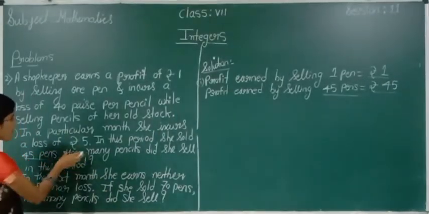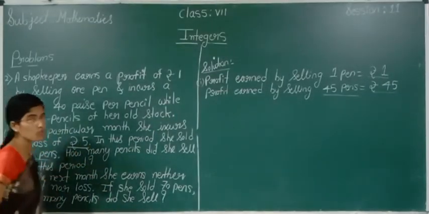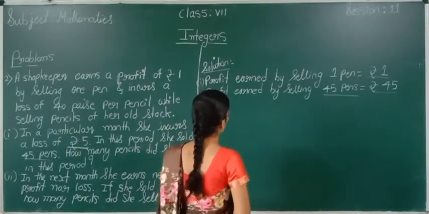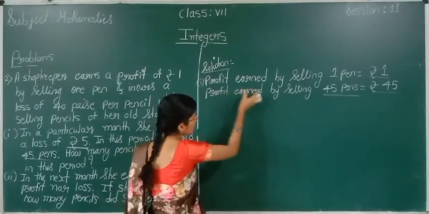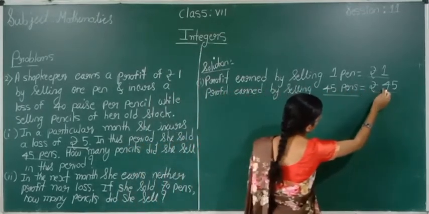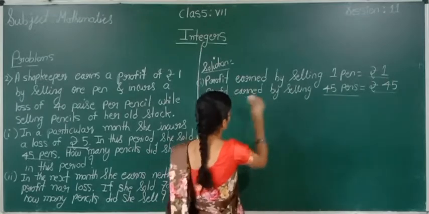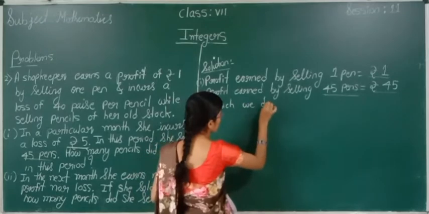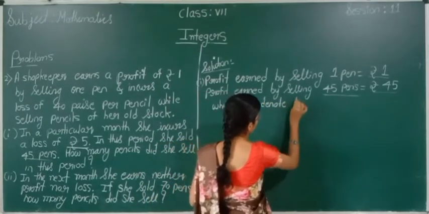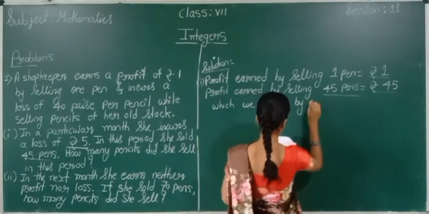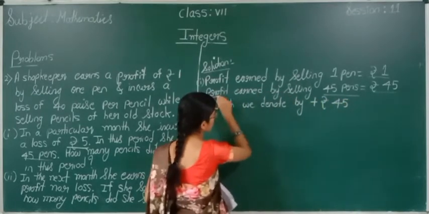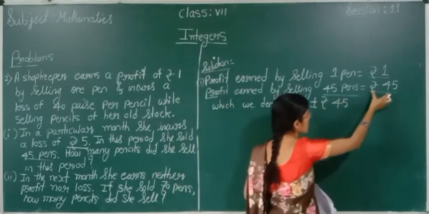Now in this particular month the shopkeeper incurs a loss of how much? Rupees 5. Now see here, profit earned by selling 45 pens is rupees 45, which we denote by plus rupees 45. Here this is profit, that's why we indicate it by plus.